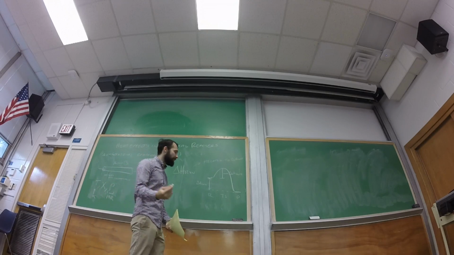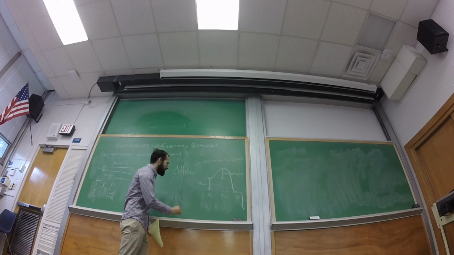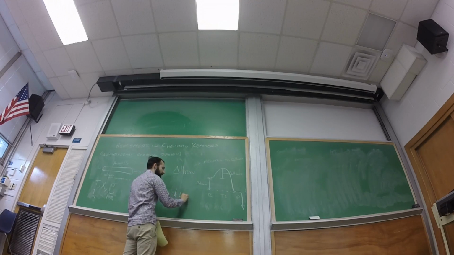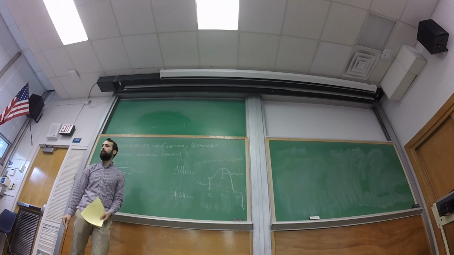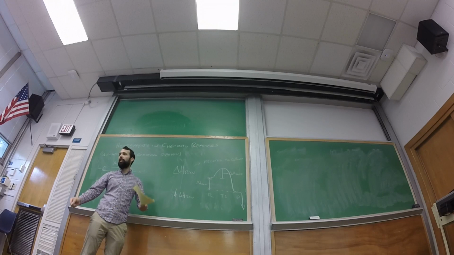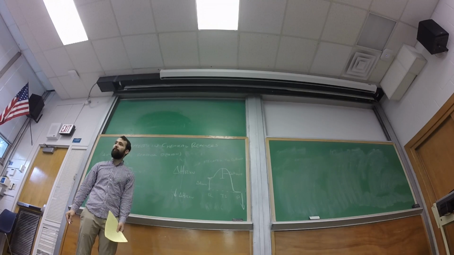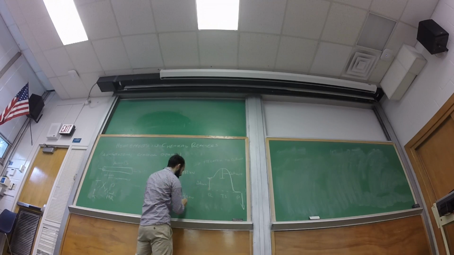Generally speaking, although it's not always true, if I decrease the delta H of reaction, what do you guys think happens to the barrier? Increase, decrease, stay the same? Doesn't increase, it's going to decrease.